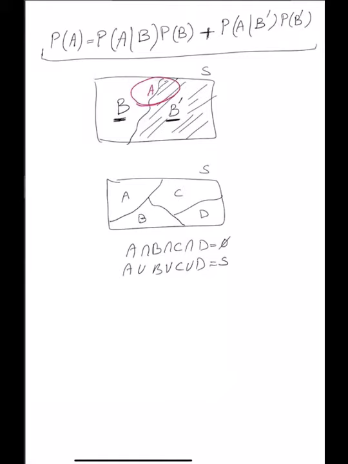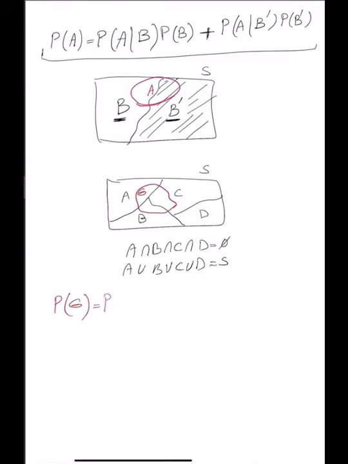Now, let's assume I have this event. I'm going to call this event G, and I want to find the probability of G. Then I can write this based on the total probability rule.